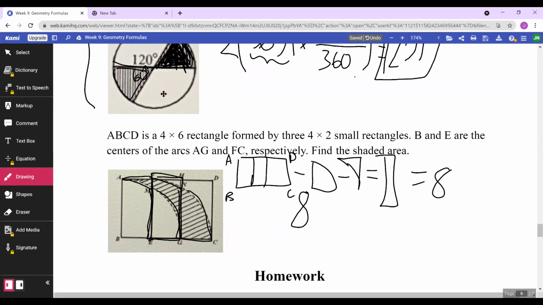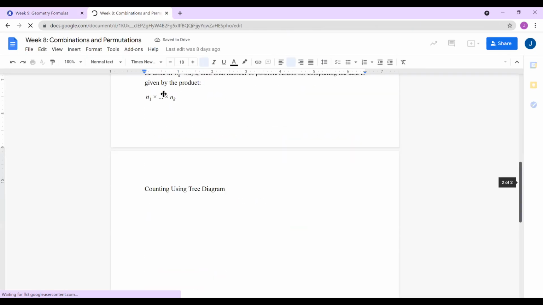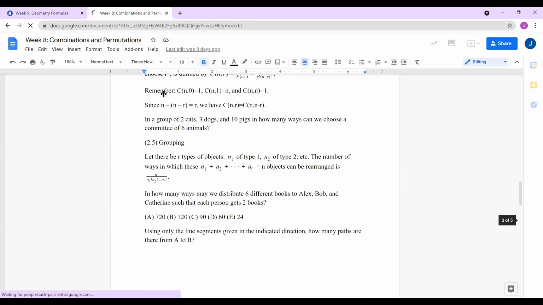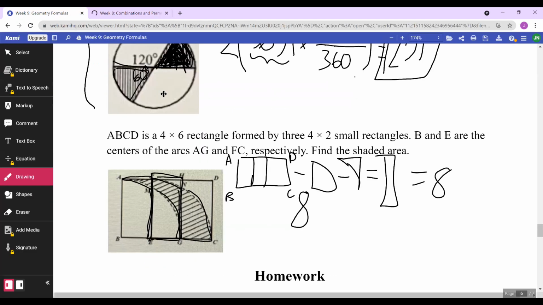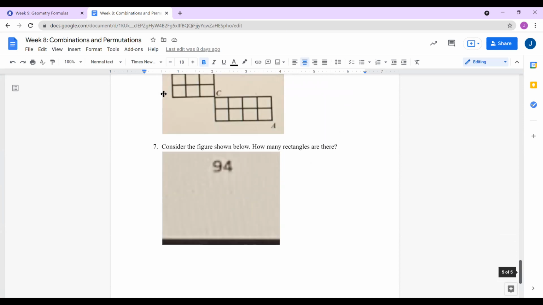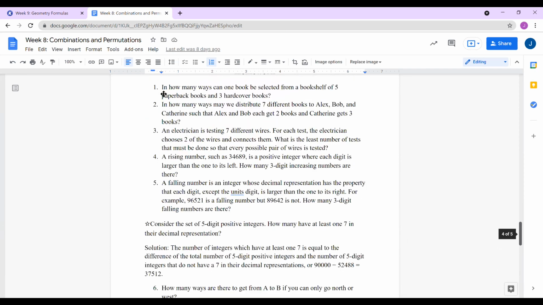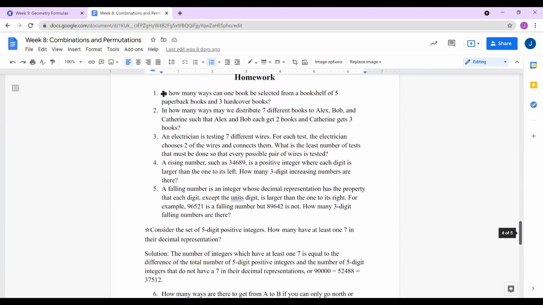Now, since we have covered all 4 geometry formulas, we're going to look at last week's homework. The 3 questions I have are 3, 5, and 6.